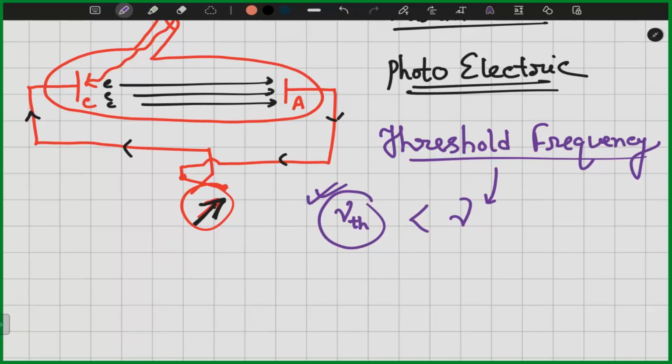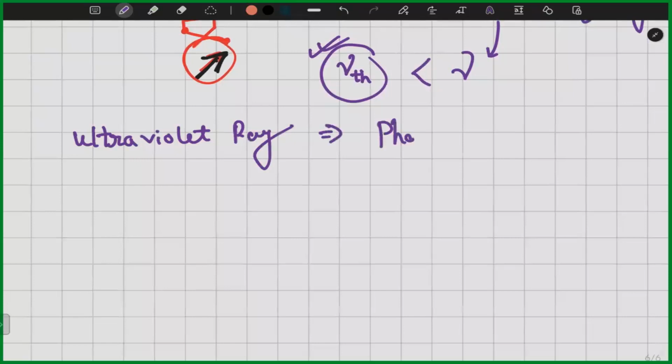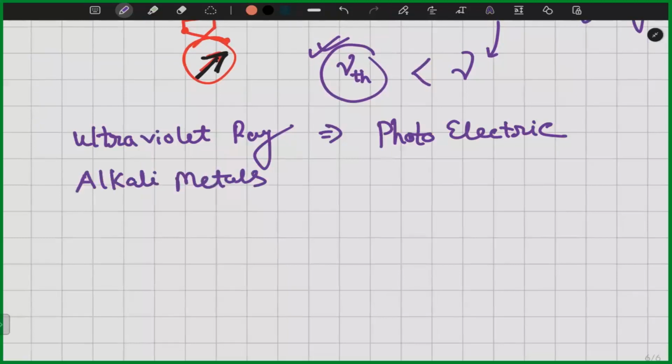Here some examples are also given. In general, ultraviolet rays are used for the photoelectric effect. But for some metals, like the alkali metals sodium, lithium, potassium and rubidium, we can have the photoelectric effect even in the visible range.